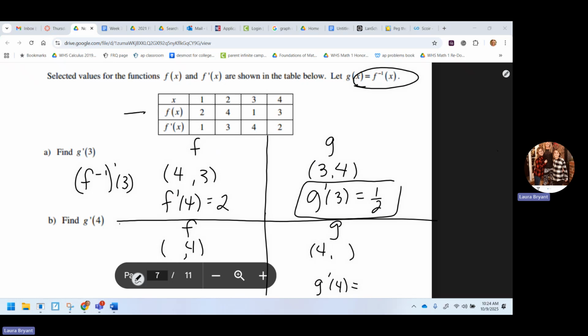I go to F of X and find the Y value is 4 at X equals 2. So if I can find F prime of 2, then I just flip it and I get my answer. F prime of 2 is 3, and my answer is 1/3.